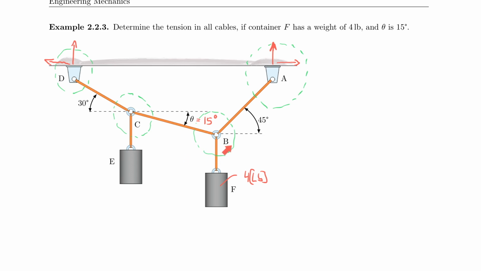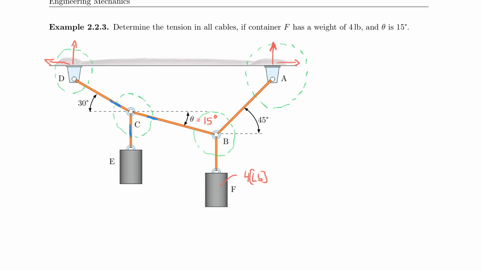Now, I probably intuitively would cut either node B or node C, and that's probably what you did when you solved the problem yourself, but let's understand why it is only possible to solve node B first. You could write down the equations for node C and draw the free body diagram, and you will find that you cannot solve it. But why is that? That is because you have 1, 2, 3 unknowns.